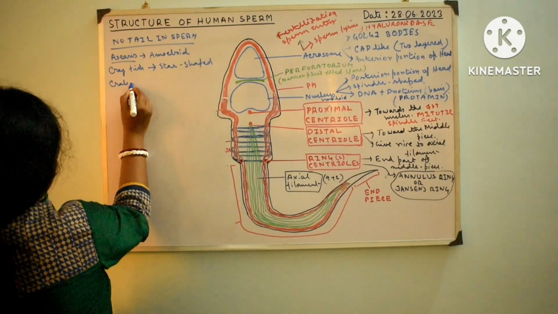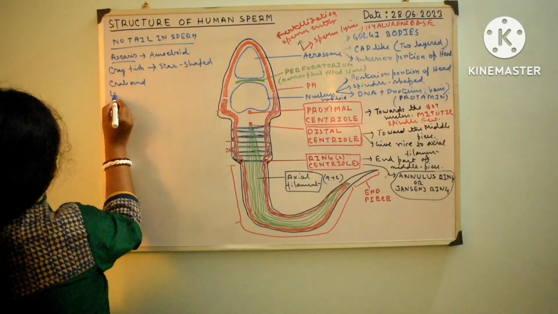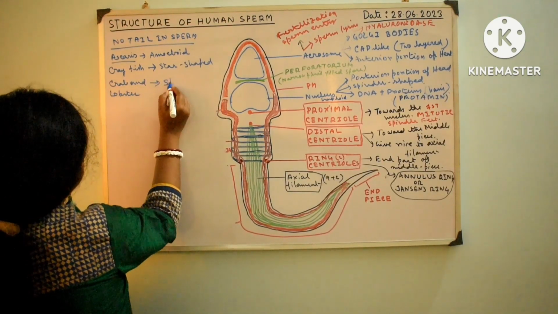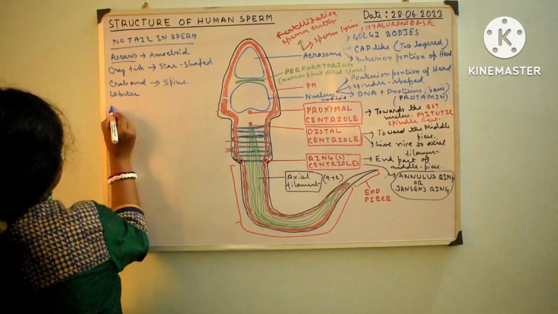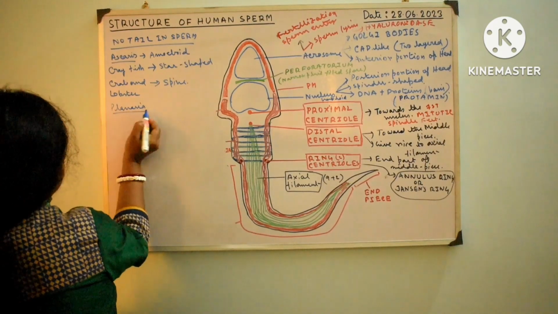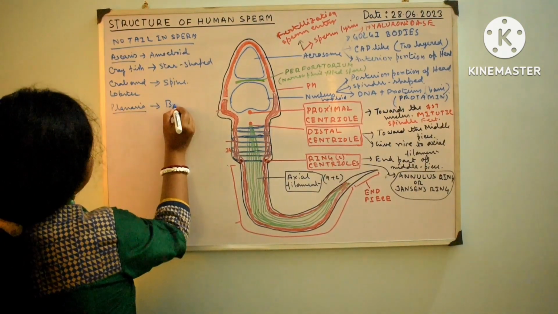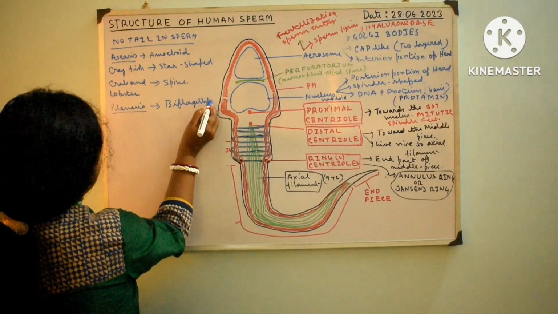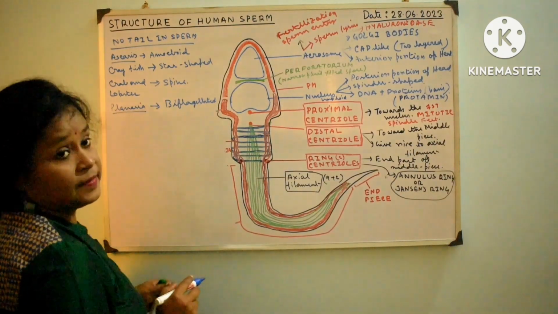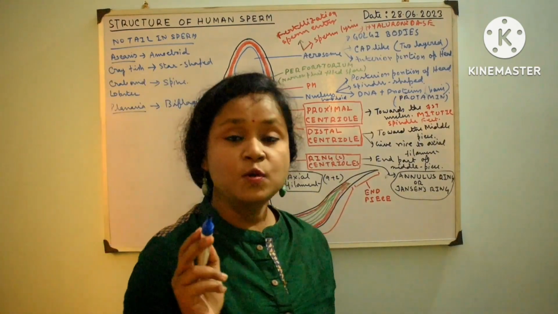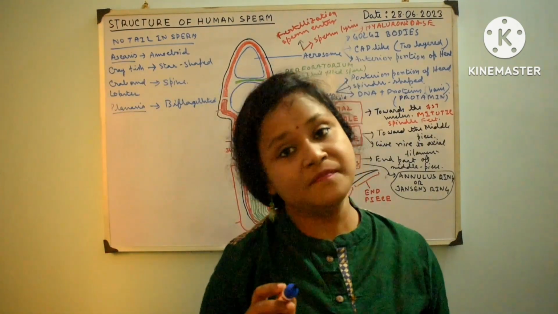Crab and lobster have spine shaped sperm. And planaria has biflagellated sperm. So these are some examples which have no tail in their sperm structure.